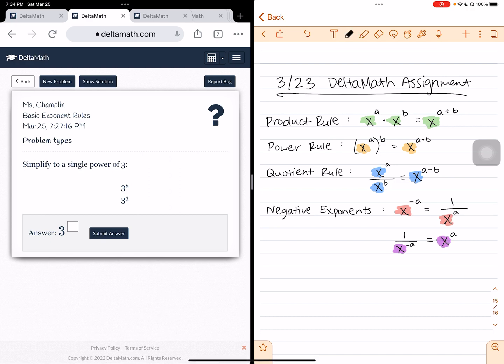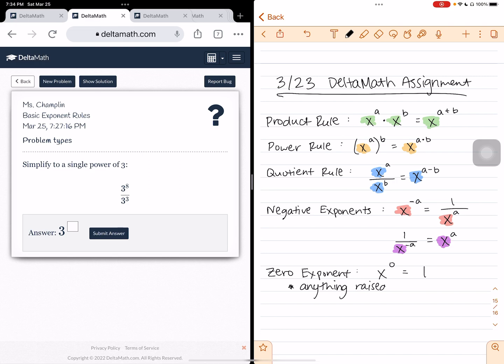Now the last thing that you need to always remember is a zero exponent. If you have an exponent that is 0, that is always equal to 1. So x, any number, x raised to the 0 power equals 1 every single time. Okay, anything raised to the 0 power is 1. I'm hoping this goes without saying, but I'm hoping you've been writing this down. If you have not, please pause the video and write that down.